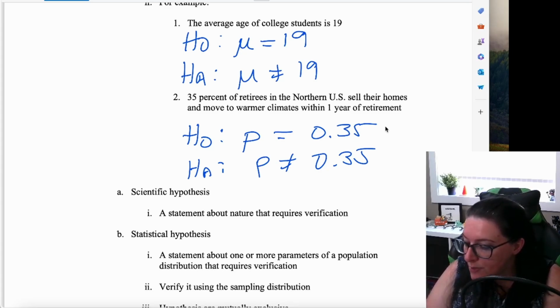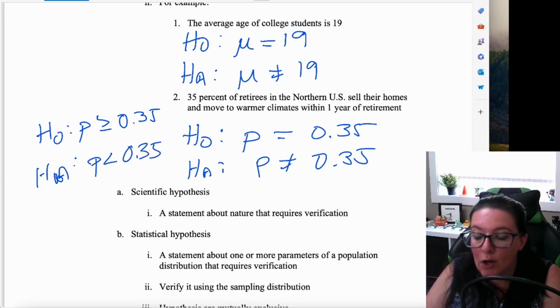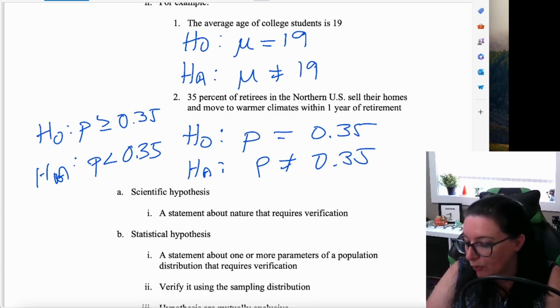But you can also have a one-tailed test where you are looking at, maybe you think that the proportion who move to warmer climates is actually pretty low, less than 35%, in which case the alternative here is a one-tailed test, and it just has one direction. We're looking at less than the number. The null hypothesis will always have the equality, and so here it's looking at the equals and the greater than.